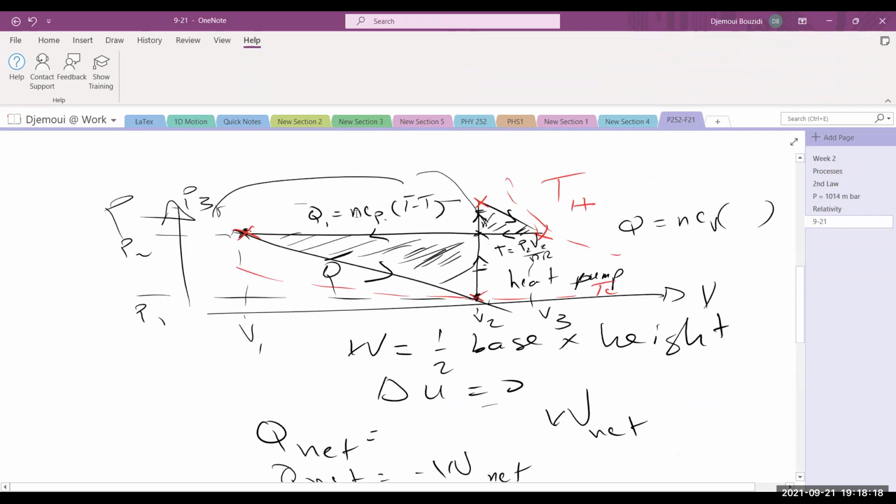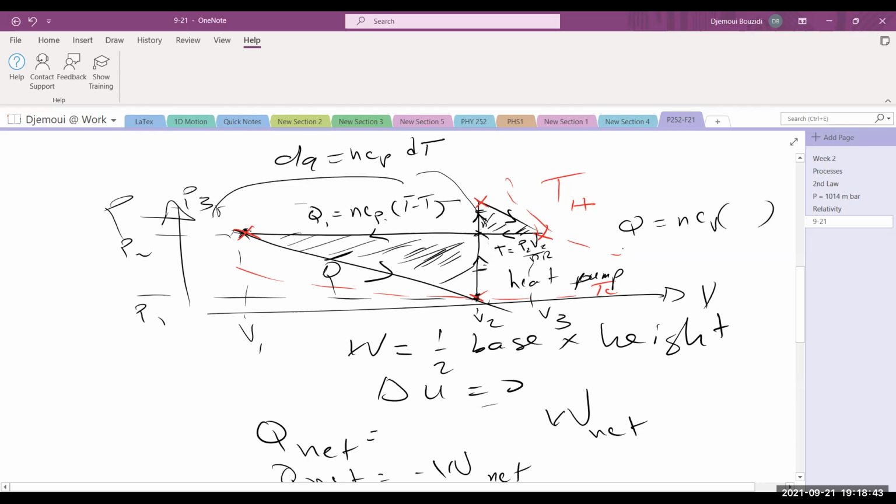So this is going to be just nCp times the ln of the final over the initial. This is going to be nCv times the ln of the final over the initial, because in this case, dq is simply equal to nCp dT. And when I divide by T to find the entropy, then I calculate it from the initial to the final, and I have that.